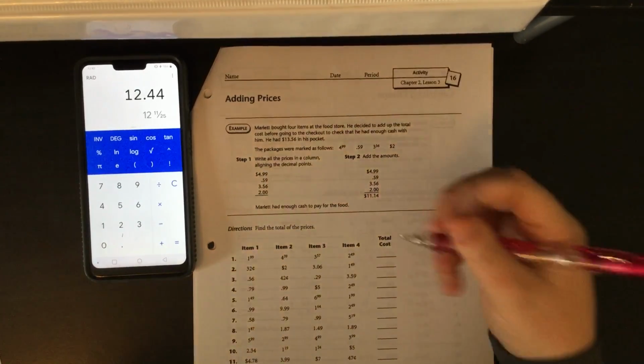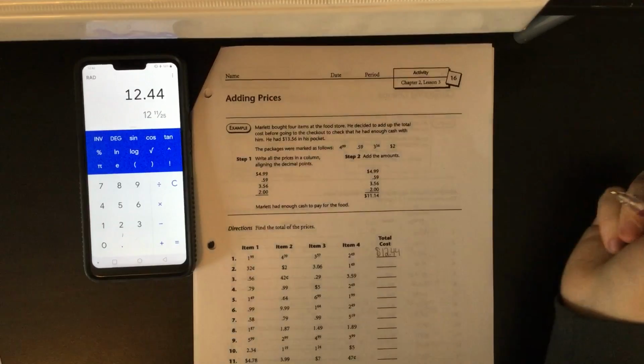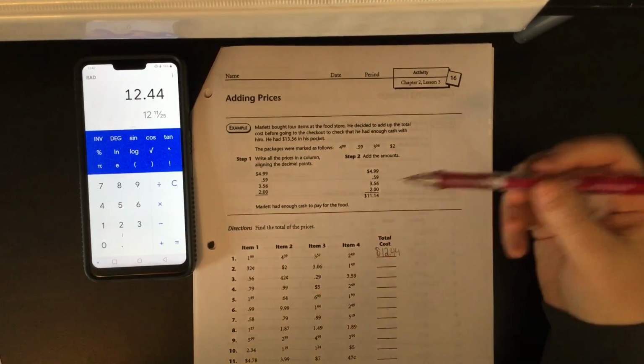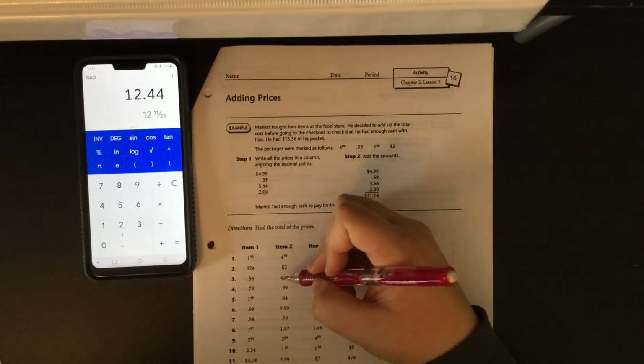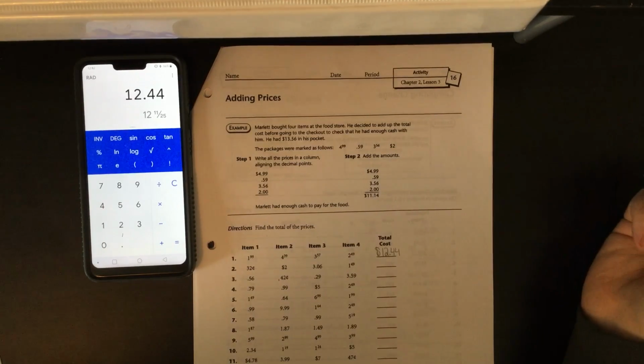Our total cost would just be $12.44. Okay, when you're doing cents, remember if it's 42 cents, you add it into the calculator with the decimal place in front of it. Other than that, it's pretty straightforward.